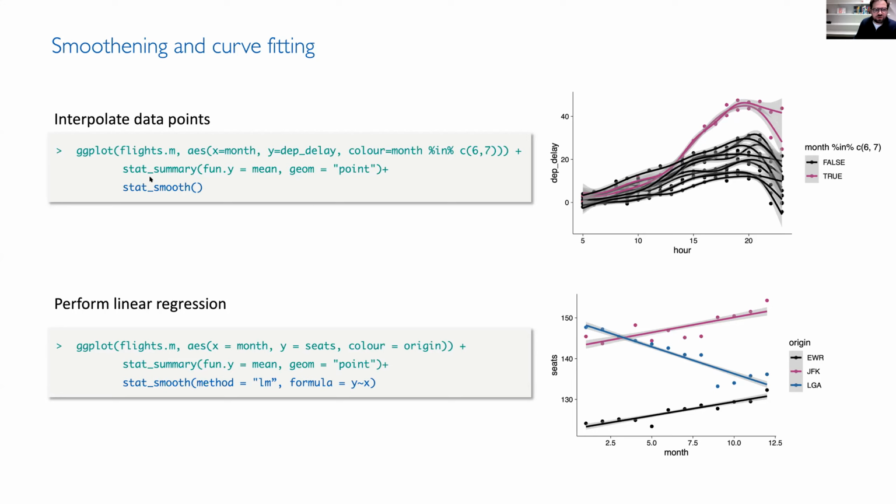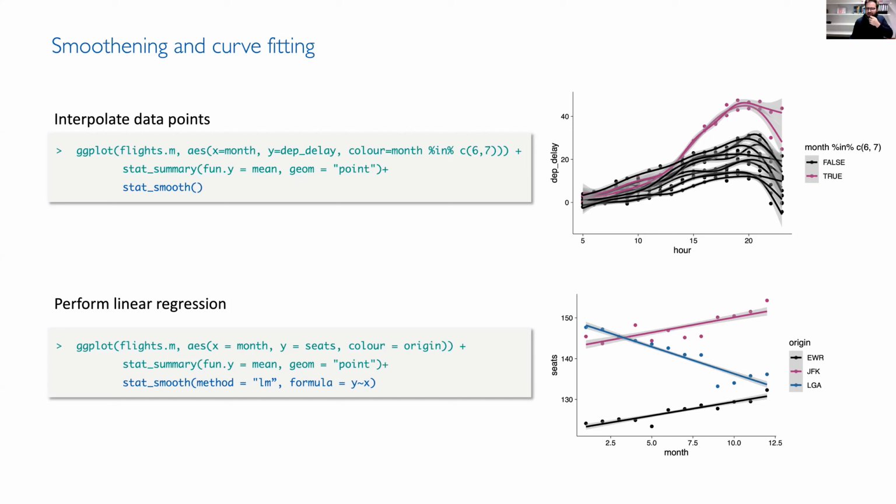Of course, if we can do non-linear fits, we can also do linear fits. So we can fit linear models to check for correlations. And that's what we do on the right-hand side. What is actually quite interesting here is that on the x-axis we have the month, on the y-axis we have the number of seats in an airplane, and the color is the origin airport.